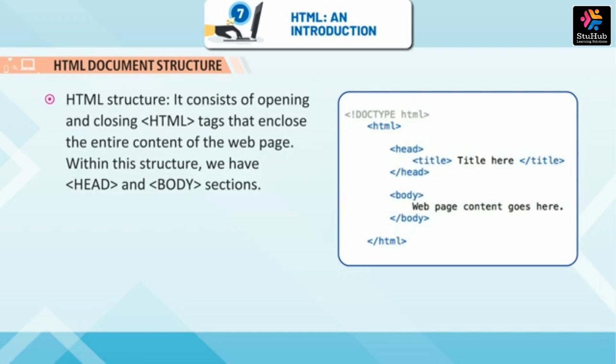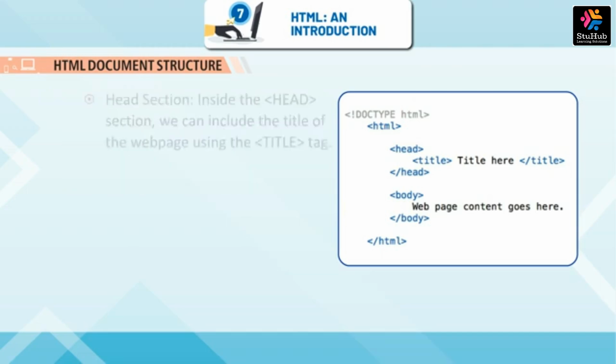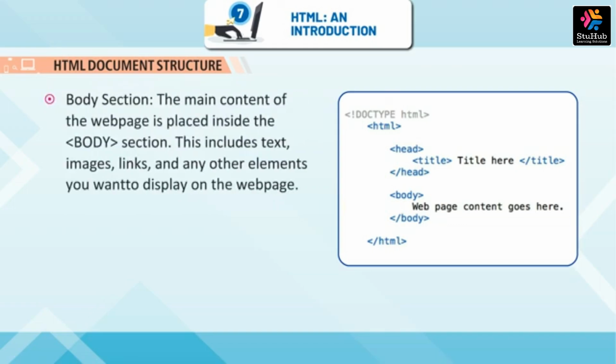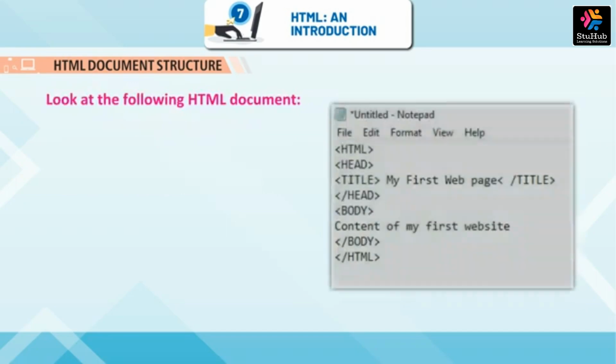Within this structure, we have head and body sections. Head section. Inside the head section, we can include the title of the web page using the title tag. Body section. The main content of the web page is placed inside the body section. This includes text, images, links, and any other elements you want to display on the web page.